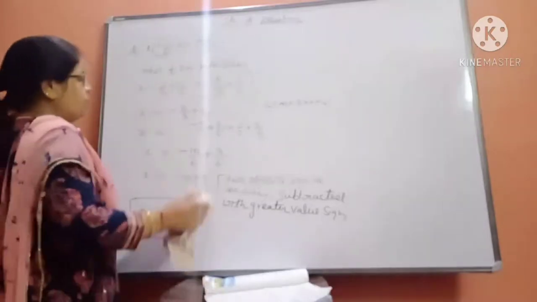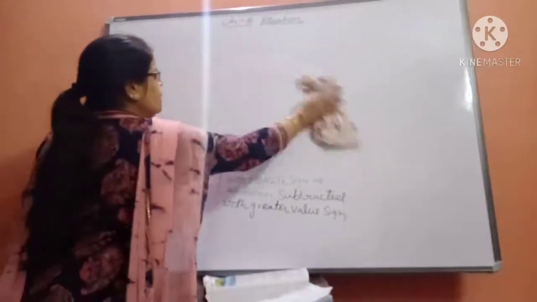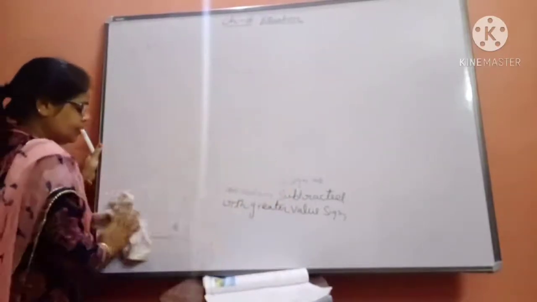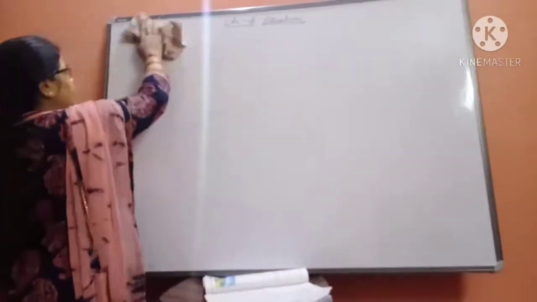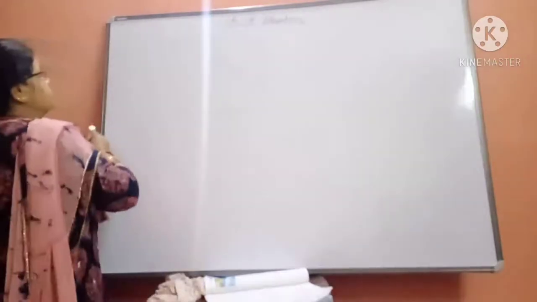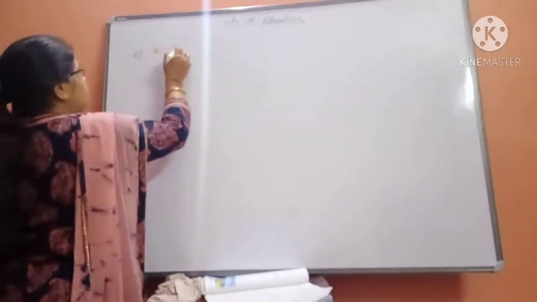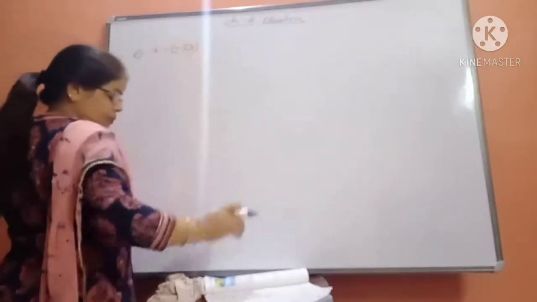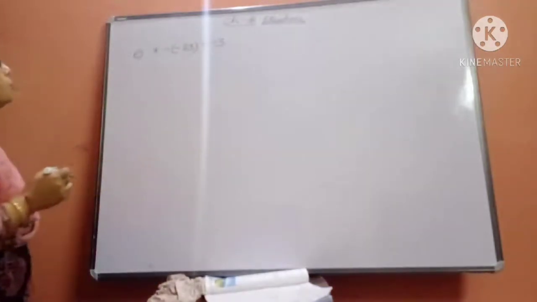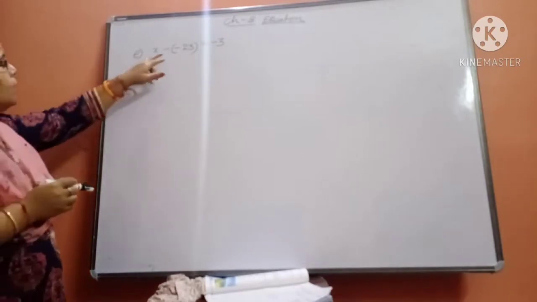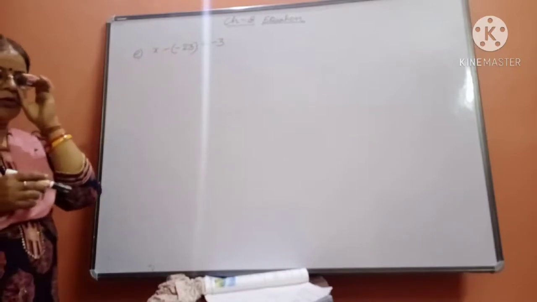Now see how we will do part E of this question. x minus of minus 23 is equal to minus 3. So what you will do here: I taught you the rules of integers for multiplication also, and it is written with you.